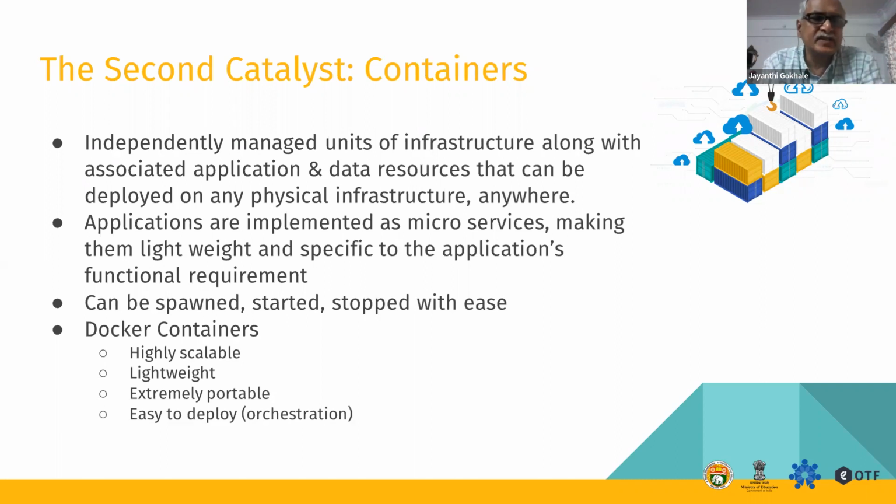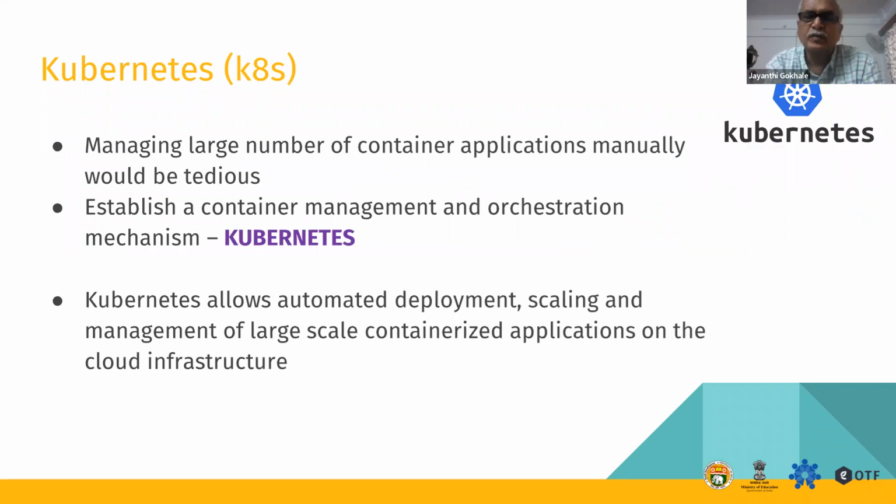And as I told you, they can be spawned and started and stopped with ease, and then you can have a single point of control across all these containers. So Docker is a classic example of how containers can be orchestrated and set up, and to manage these Docker containers in terms of deploying and managing, we have what is called Kubernetes. Right? So Kubernetes is once again a very, very popular technology. It has now become proven across the industry, wherein you can achieve highly scalable delivery of application services through microservice implementations in containers.